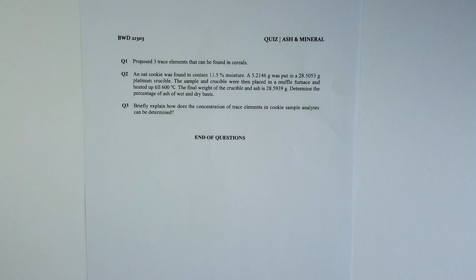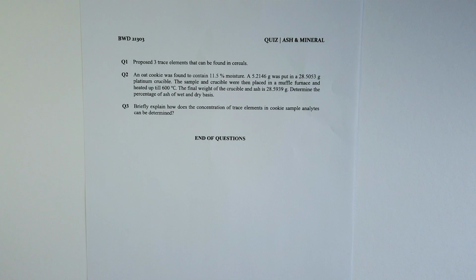Okay, we're going to move on to the last question for this quiz. Briefly explain how the concentration of trace element in cookie sample analyzed can be determined. First of all, you need to tell me what is the suitable instrument that you can use.